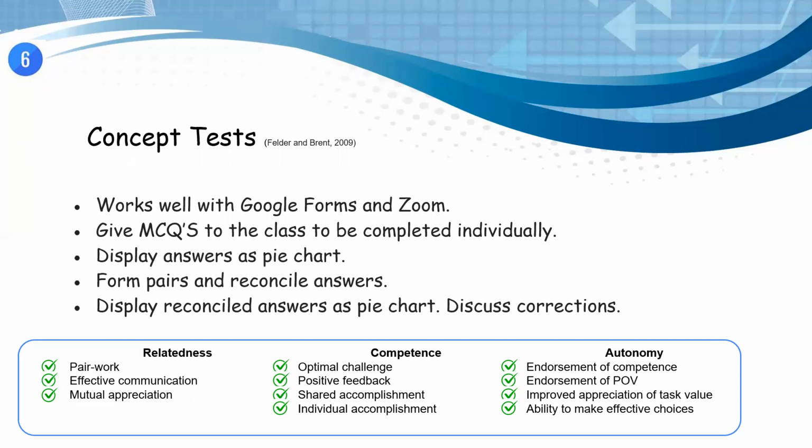So first, the teacher should give a set of multiple choice questions to the class to be completed individually. After the students have completed these multiple choice questions, after they've answered them individually, the student answers should be displayed as a pie chart or as a visual chart of some kind to the entire class.